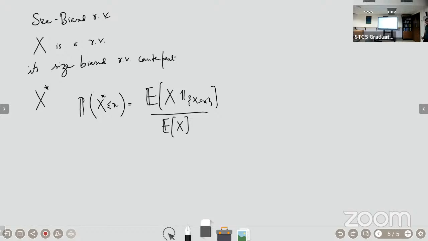If I give you two random variables, what is the first thing you always do? You don't go to stochastic order. What is the first thing one looks at? The expected value. So what do you think the expected value of x star is compared to the expected value of x? Always?